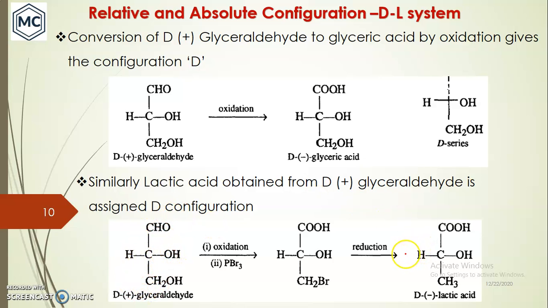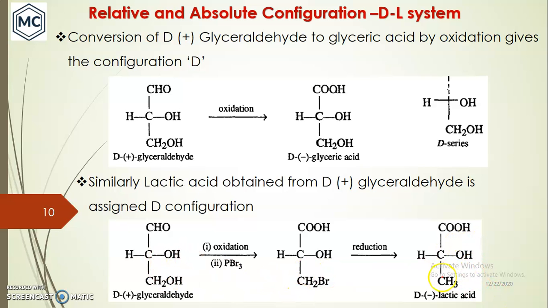you can prepare lactic acid from D-glyceraldehyde, which is obtained like this. It undergoes oxidation, and CHO will be converted in the first step to COOH, and this CH2OH converted into CH2Br, then finally the Br is reduced to CH3 and you get lactic acid.